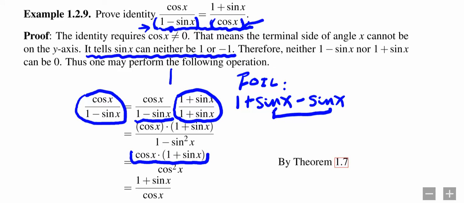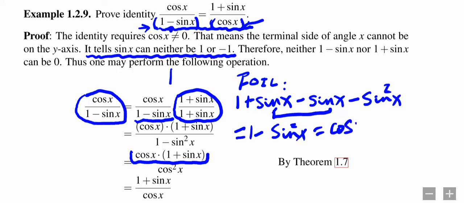Then you have negative sine x times positive sine x, which is negative sine x squared. So what you get is 1 minus sine x squared, which is cosine x squared. Because previously we got sine alpha squared plus cosine alpha squared equals 1.